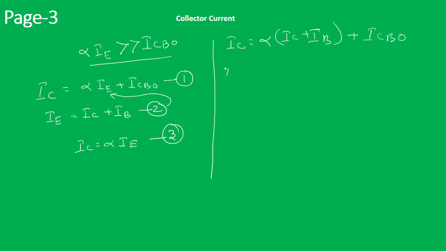Further, if we expand it, we can write alpha IC plus alpha IB plus ICBO.